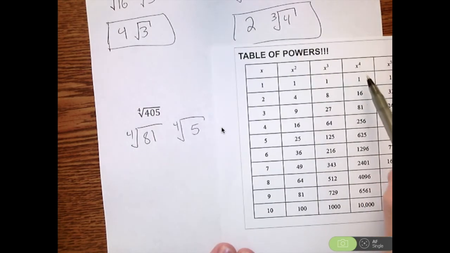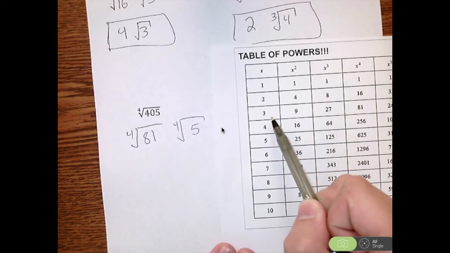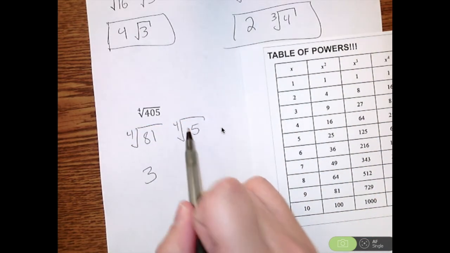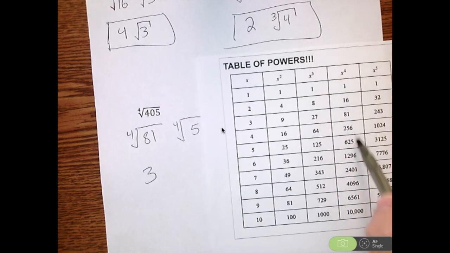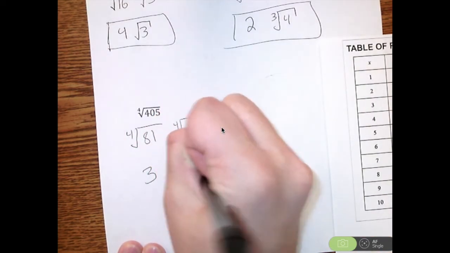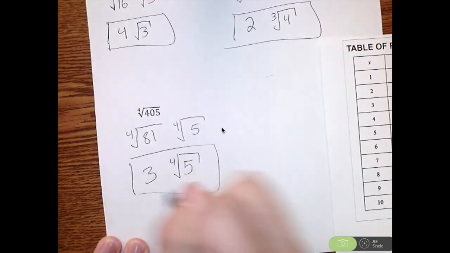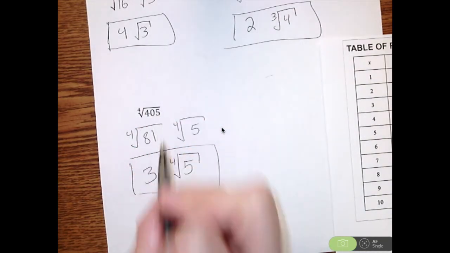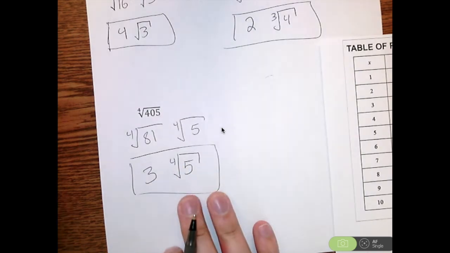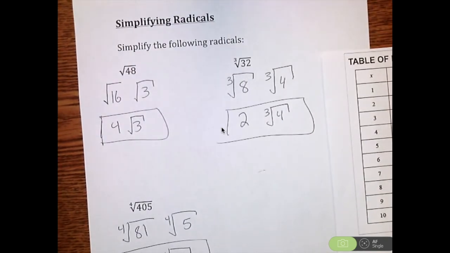Well, in the x to the fourth column, 81 gives me 3. Then the fourth root of 5: there is no 5 in the x to the fourth column, so I leave it inside the root. So to simplify the fourth root of 405, you get 3 fourth root of 5. And that is simplifying radicals.